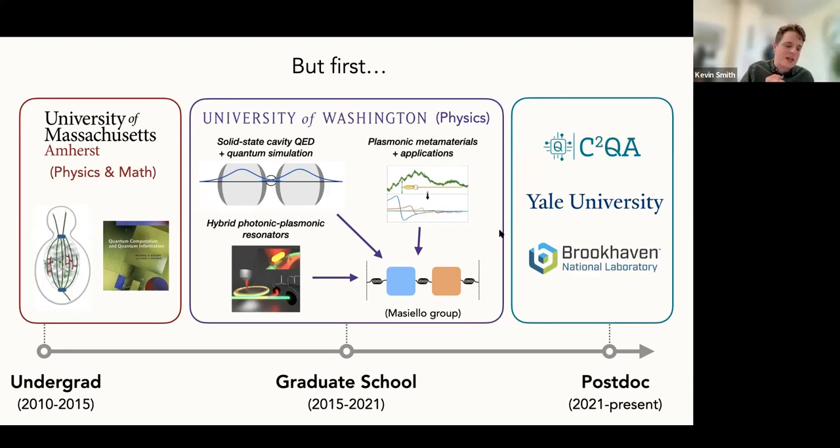There I was able to carve out my own path within this group, thinking about nanophotonics theory, cavity QED, some quantum simulation, really lots of different topics. I would say the general theme for my research was working closely with experimentalists. All of these pictures here correspond to different experimental collaborations, and I tried to build simple models to explain what they're seeing in their experiment.